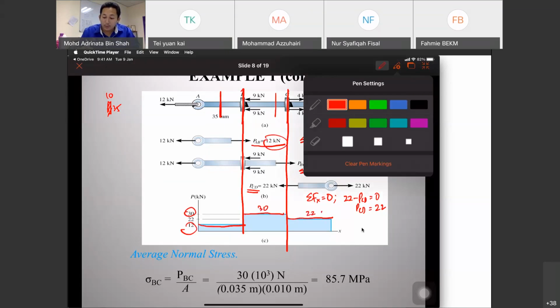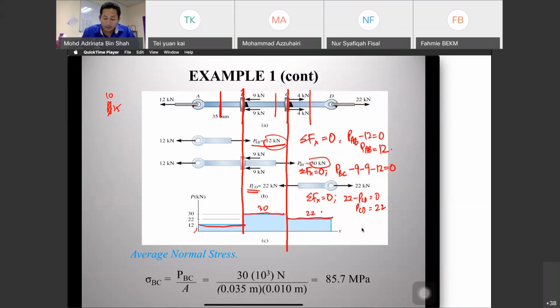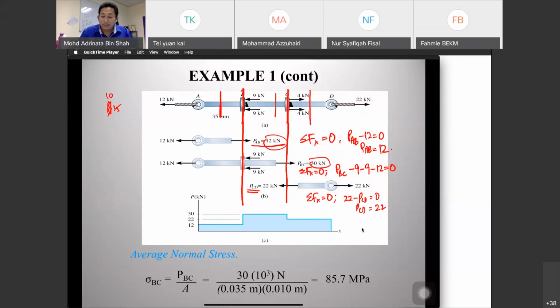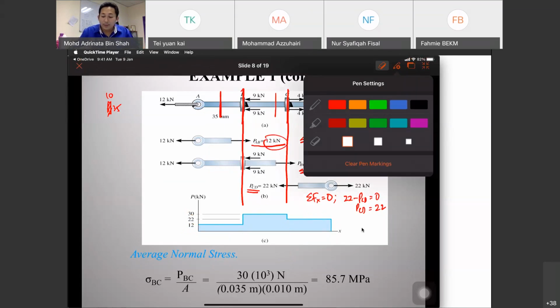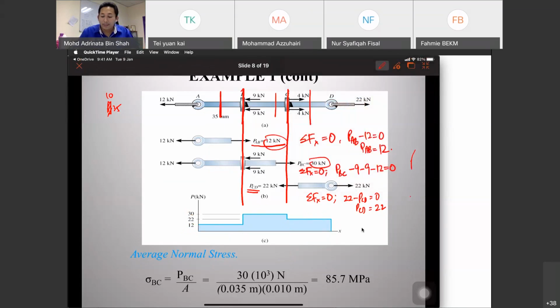Okay, so itu adalah kita nak cari force. Then you choose the maximum value here because of what? In the bar, the maximum value is 30 kilonewton in the bar.